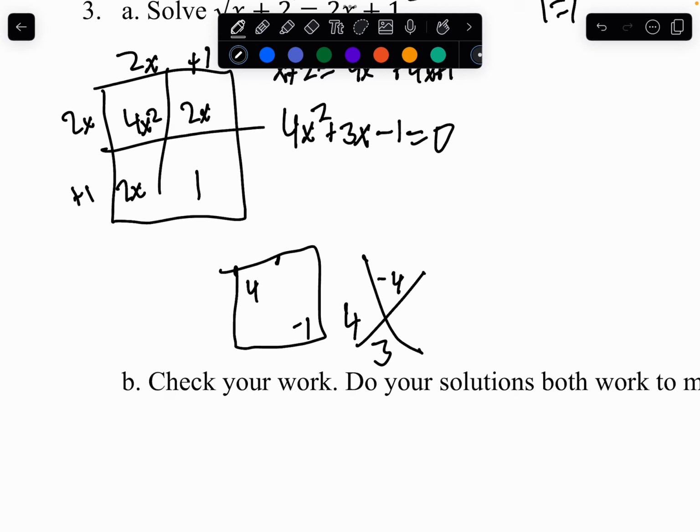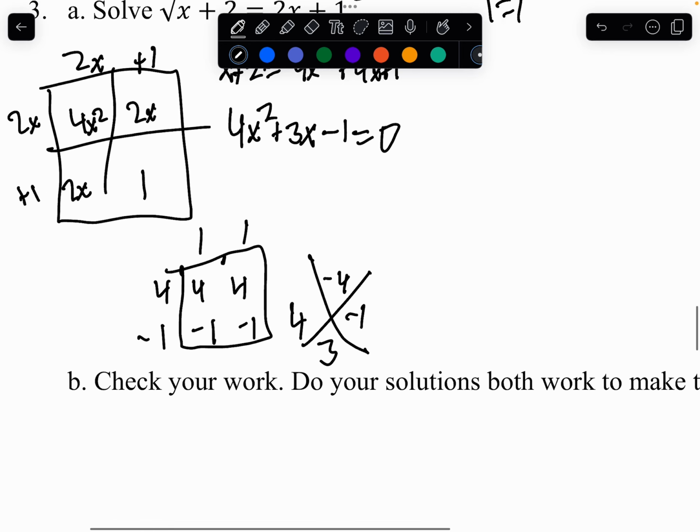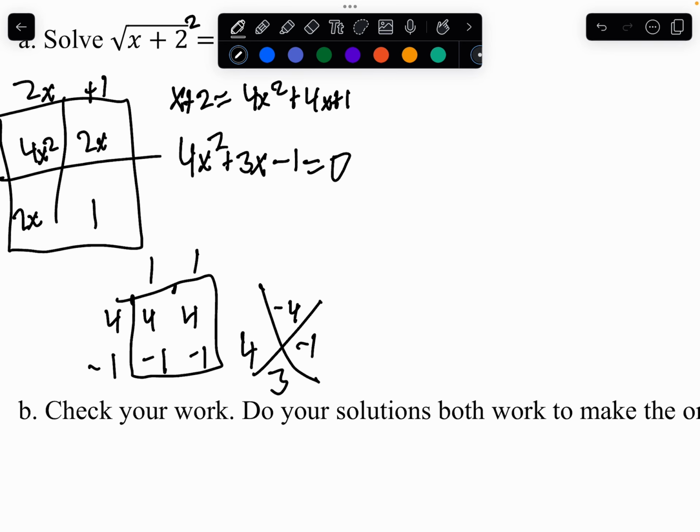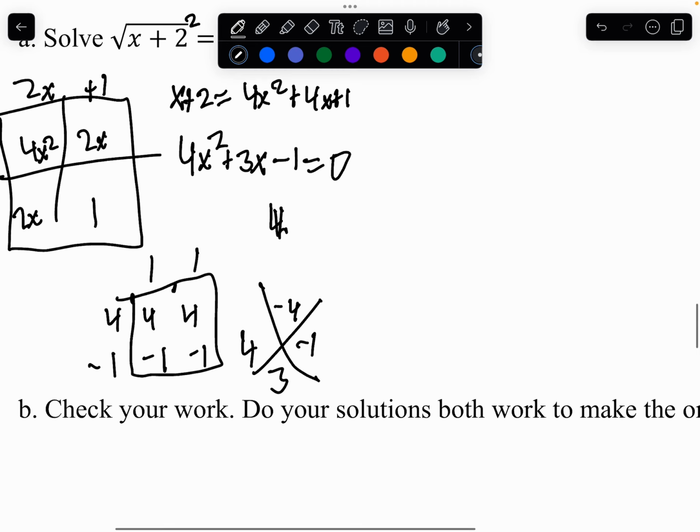So this would be 4, negative 1, 4, 1, negative 1, 1. So it's going to be 4x minus 1 times x plus 1 equals 0. Dang, my pencil's lagging.